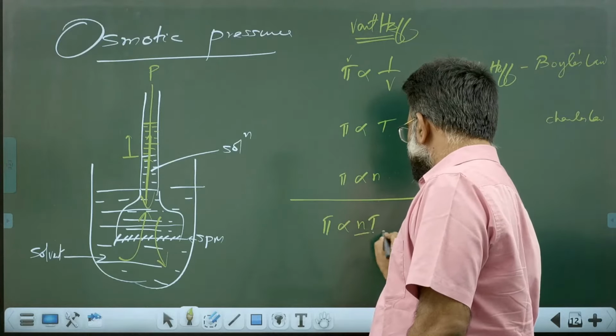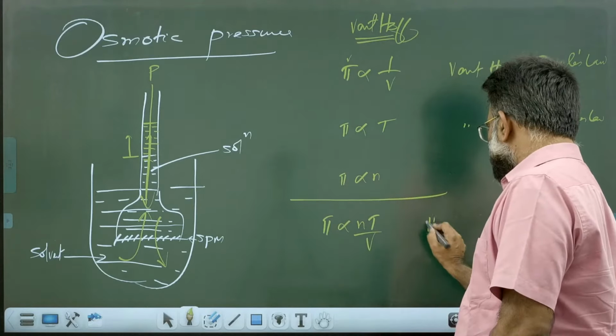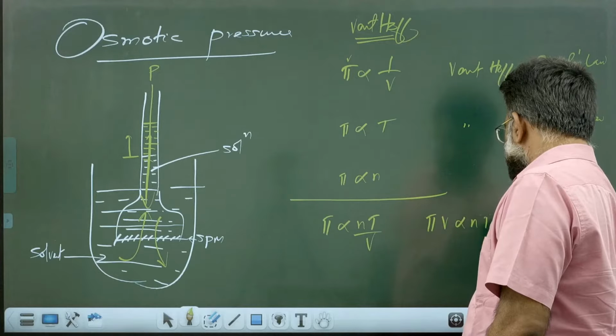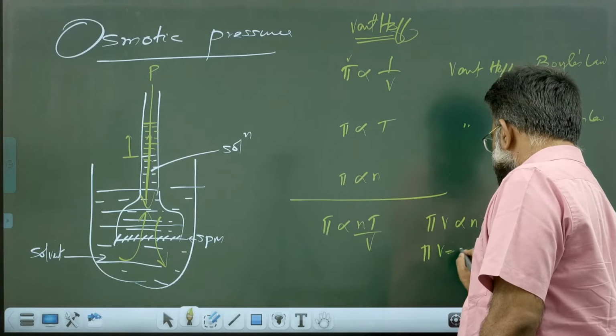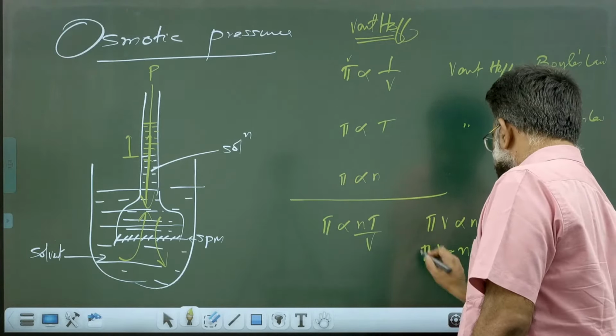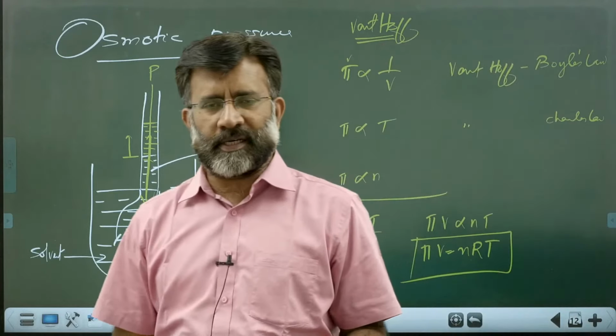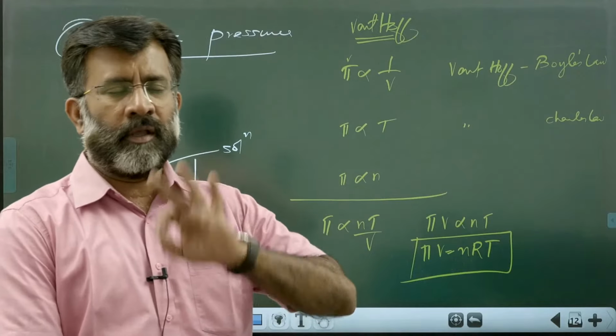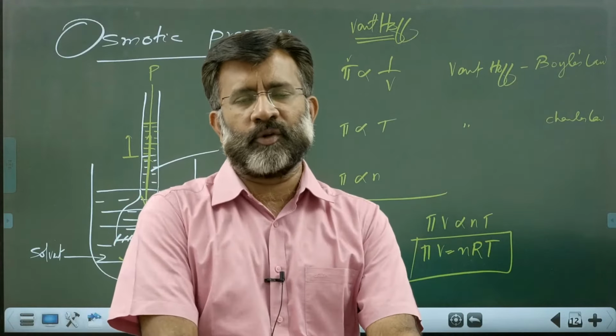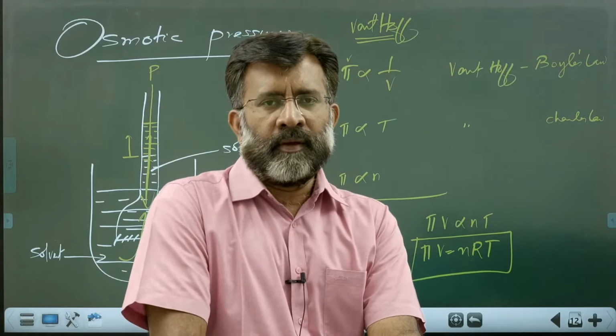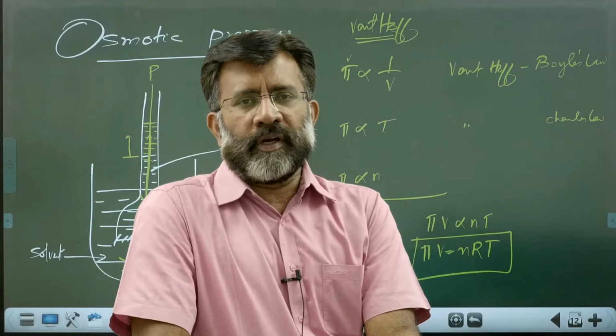Thereby the consolidation of the formula happens: pi proportional to nT by V, or pi V proportional to nT, pi V is equal to nRT, where R is the universal gas constant. Here it is called the universal solution constant, numerically the same.